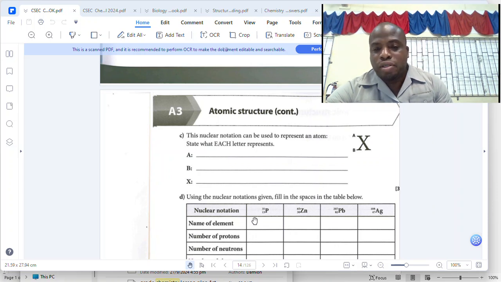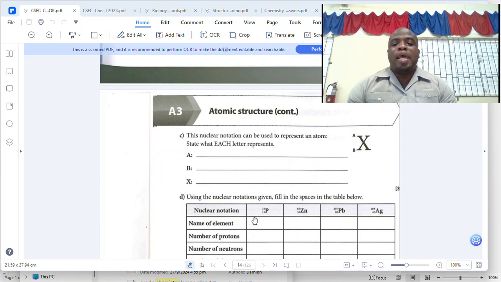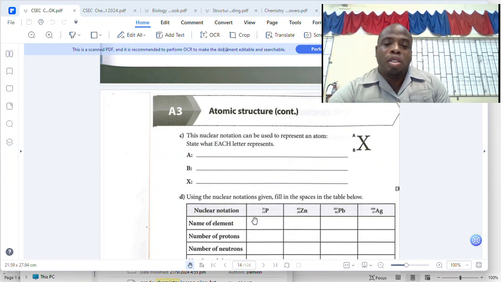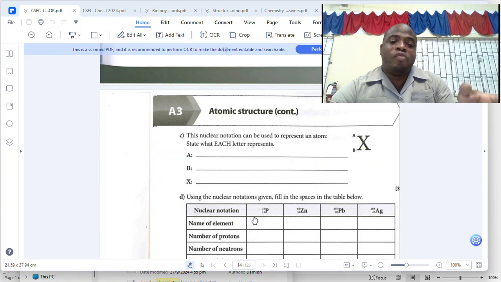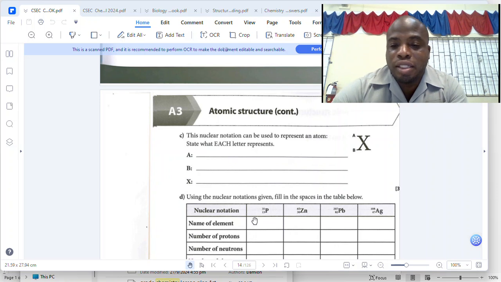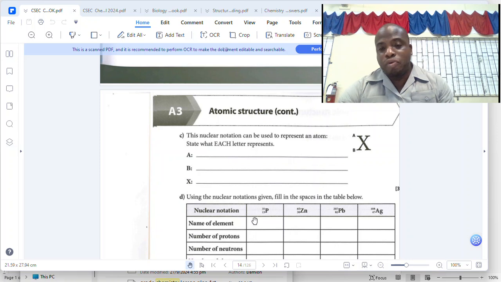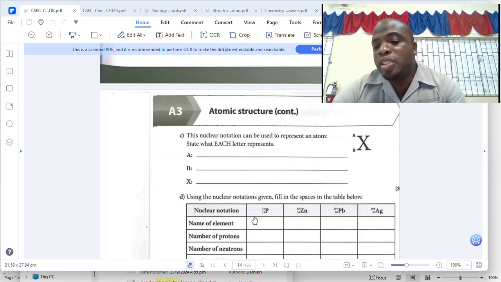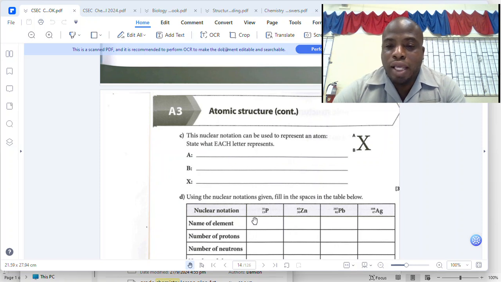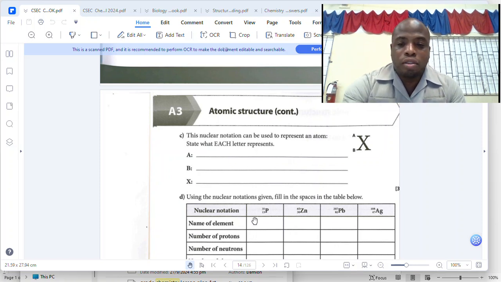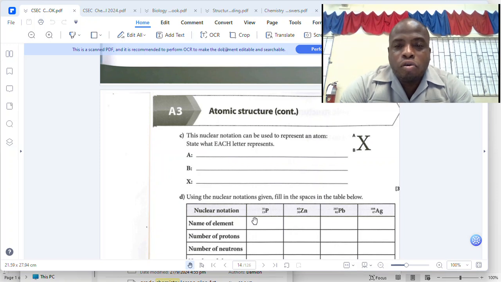As I said before, not all elements reflect the first or second letter of their name in the symbol, because some get their name from a different language. So when you see lead, you might have thought that it would be L, but lead is actually Pb. So X represents the symbol of the element.